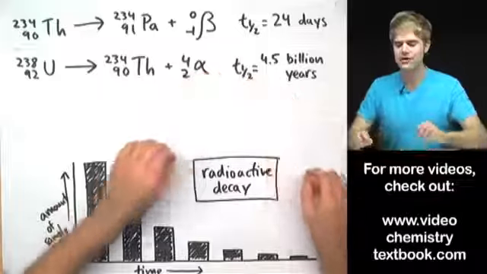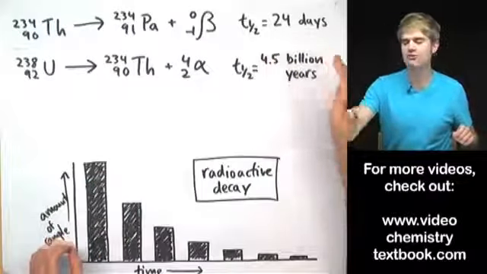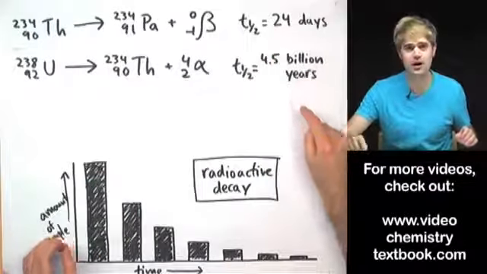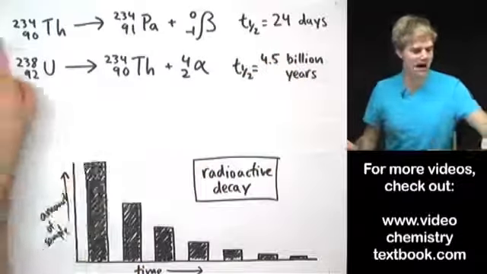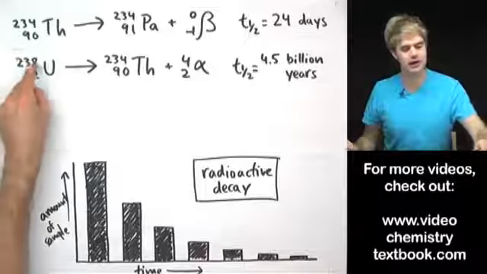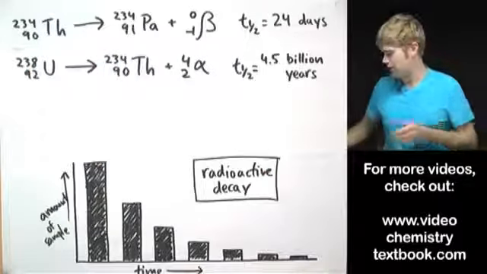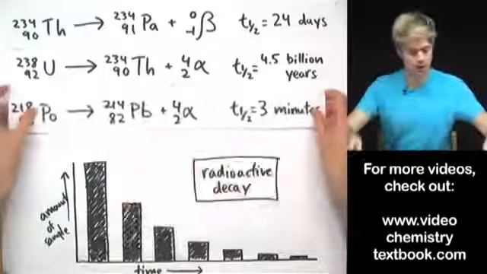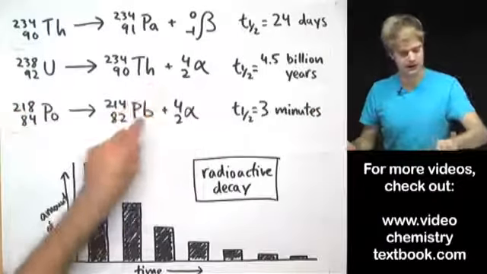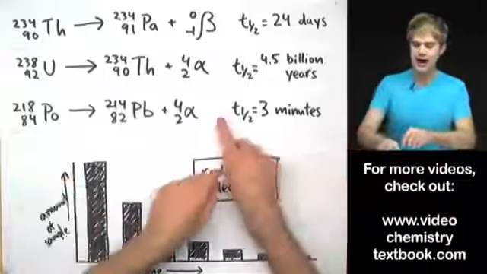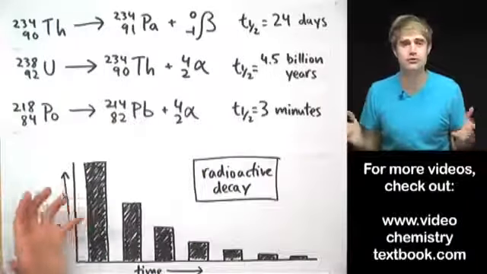And the half-life for this reaction is 4.5 billion years, which means that it would take 4.5 billion years for half of a sample of uranium-238 to turn into thorium. Okay, but on the other hand, polonium-218 undergoes alpha decay to make lead-214, and the half-life of this process is only 3 minutes.